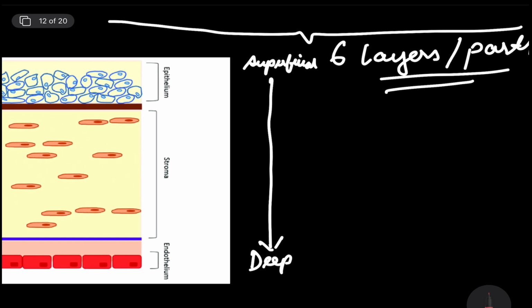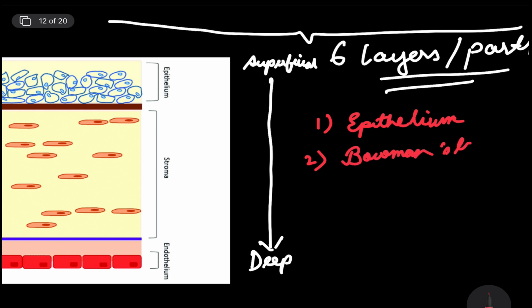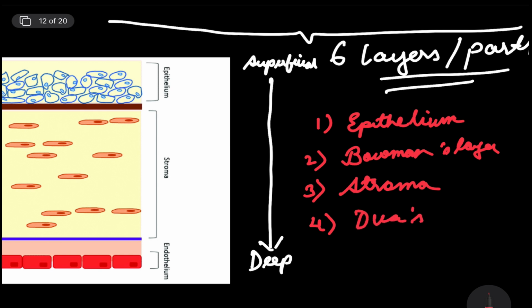Let me just quickly jot them down for you. Any superficial covering in our body is almost always epithelium. Epithelium is always going to have a basement membrane. Just like that, this epithelium also has a basement membrane known as the Bowman's layer. Then most of the cornea is made up of the corneal stroma. Then there is a very tough layer, the toughest layer of the cornea, known as the Dua's membrane or Dua's layer.